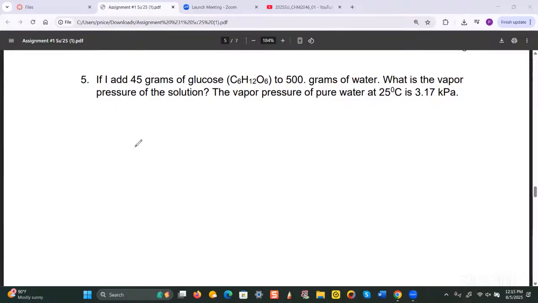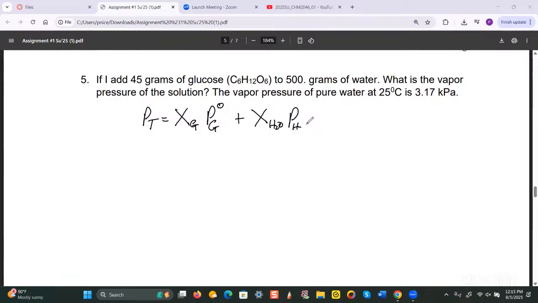If I remember correctly, when I was answering this question, I said that the total vapor pressure would be equal to the mole fraction of, I'm going to use G for glucose here, times the vapor pressure of pure glucose, plus the mole fraction of water times the vapor pressure of pure water, right?